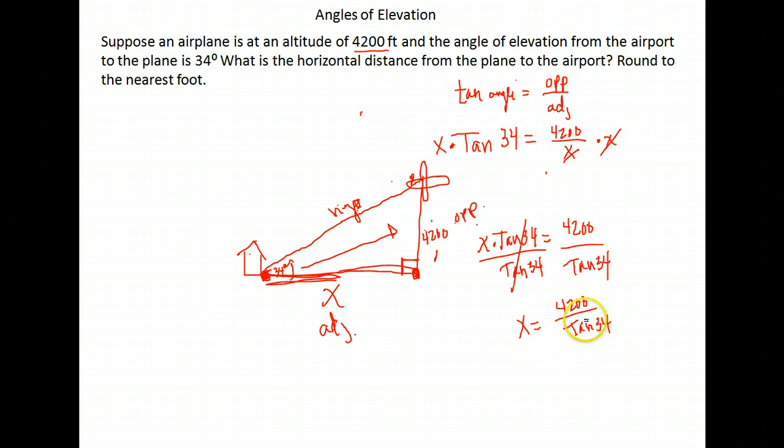You're going to use your calculator to calculate that. Make sure your calculator is in degree mode when you're calculating. Okay, and if you need to find the tangent of 34 and then divide into 4,200, that is fine also.